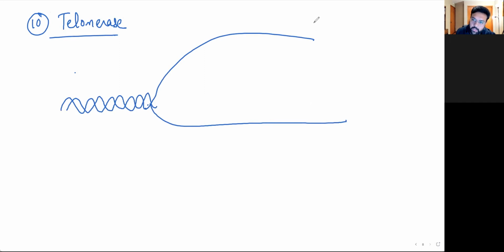What I mean to say is, if this is 5' to 3', and this is 5' to 3'. I said you read from 3' to 5' and you synthesize from 5' to 3'. So you will have to add primer here. You'll have to add multiple primers here.